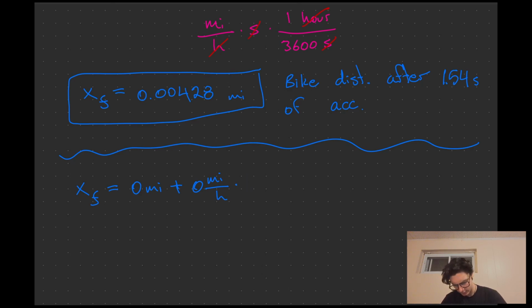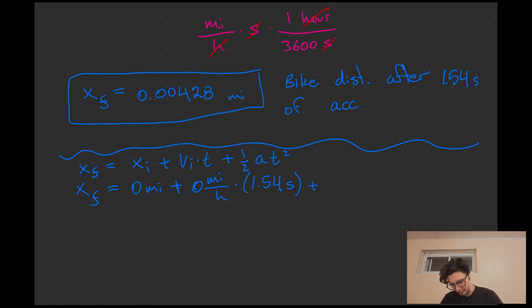In this case, we can plug in this 1.54 seconds. And the equation I'm using here is this one. X initial plus V initial times time plus 1/2 AT squared. Important kinematics equation from the model that checks particles under constant acceleration.